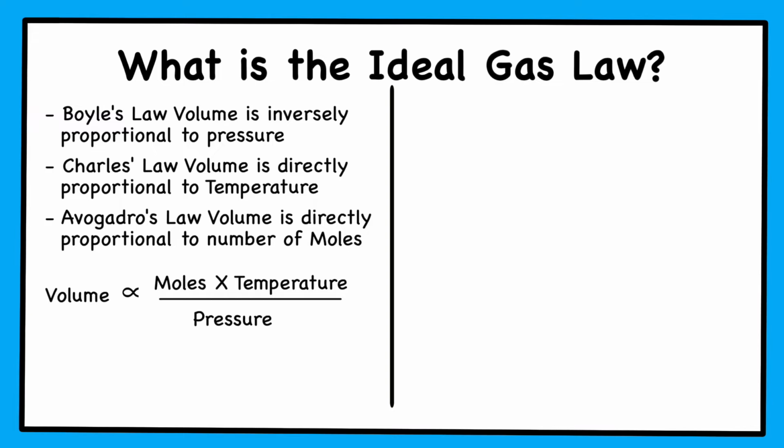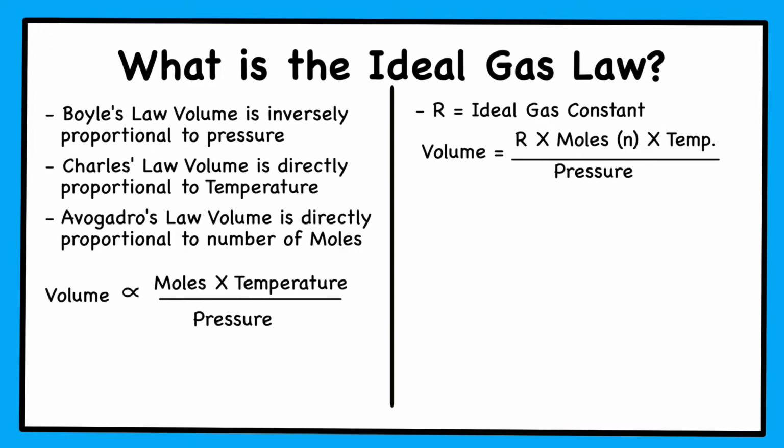If we want to replace the proportionality sign with the equal sign, then we're going to have to incorporate a proportionality constant. The ideal gas constant that we are going to plug into this equation is going to be R. So our equation should now read volume equals ideal gas constant times moles times temperature over pressure.